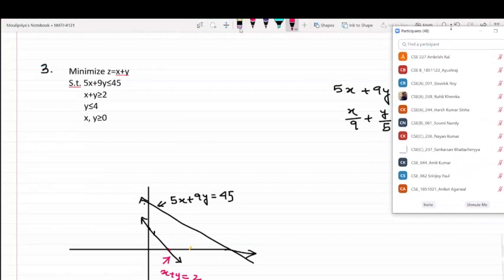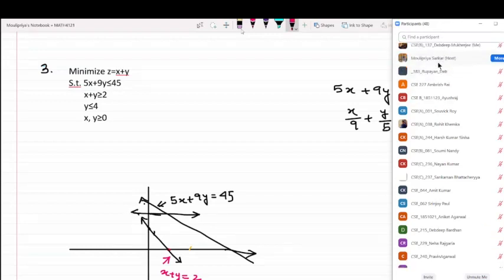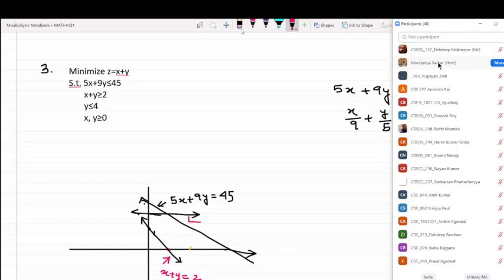What else do we have? We have y less than or equal to 4. That implies this can be our line y equal to 4.